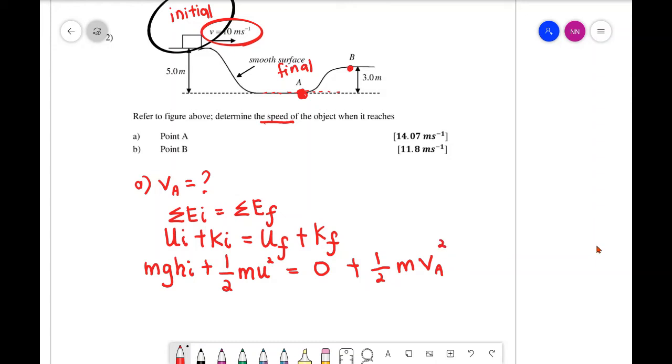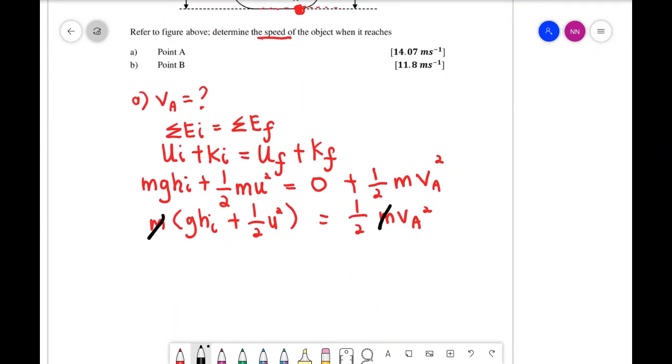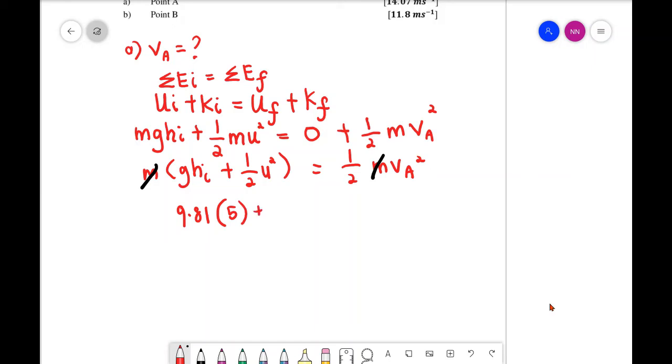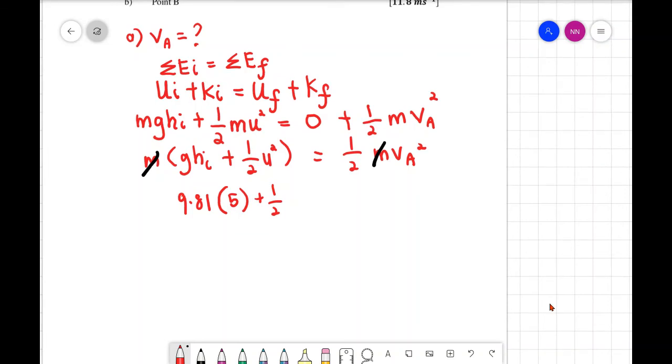Alright, again, we can factorize m. Both the right-hand side and left-hand side have m, so we can cancel m and then substitute the values. g is 9.81, height initial is 5 meters, half u squared, and it is moving with initial velocity 10 meters per second.